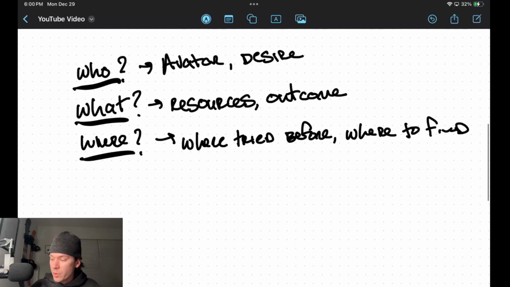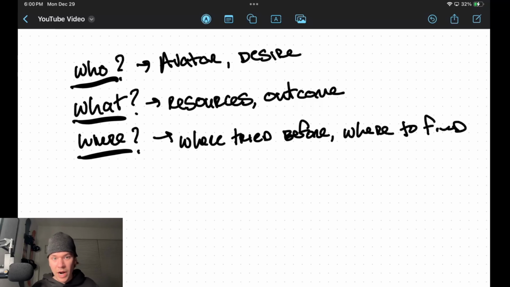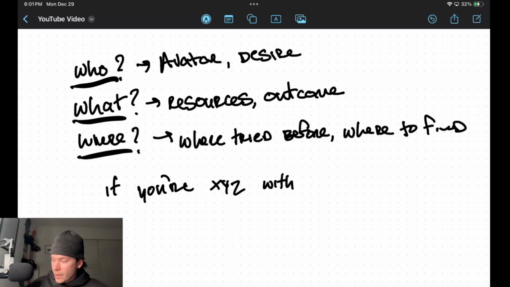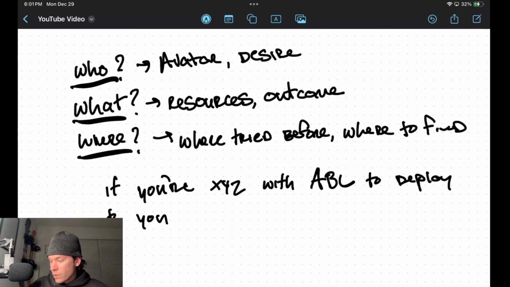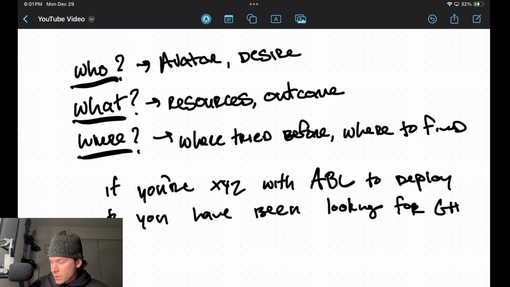And what this looks like when you put it all together is, and we do this on every single one of our ads, especially in the beginning, and oftentimes this will cause us to spend more money in the initial test, is we will straight up say, if you're XYZ with ABC to deploy, and you have been looking for GHI, whatever.